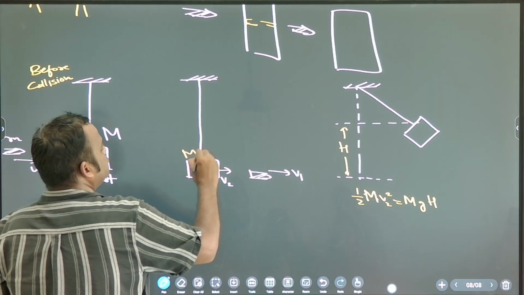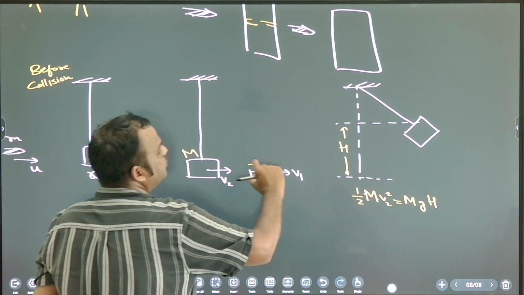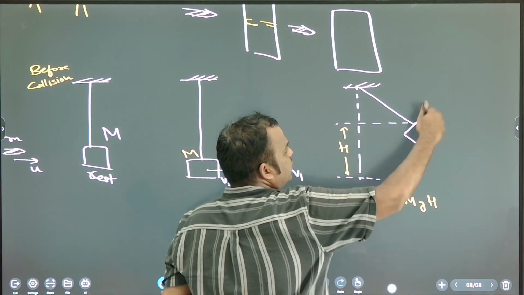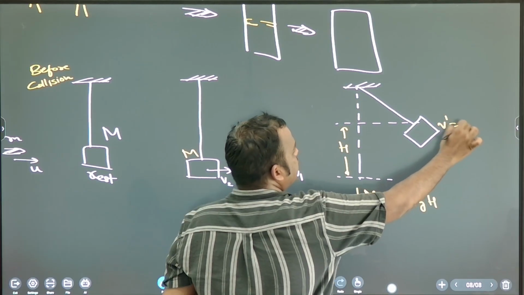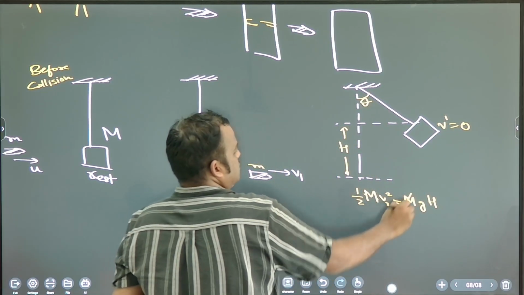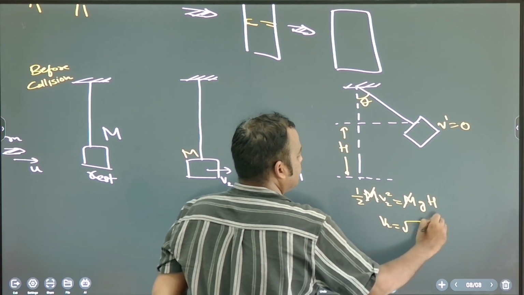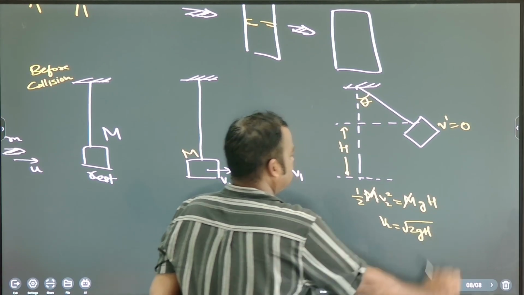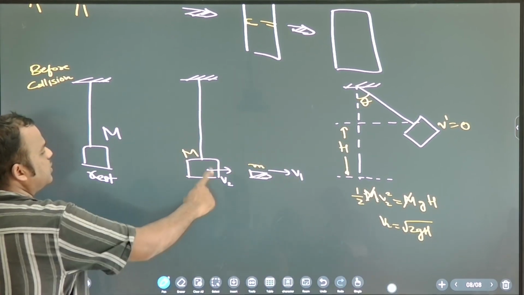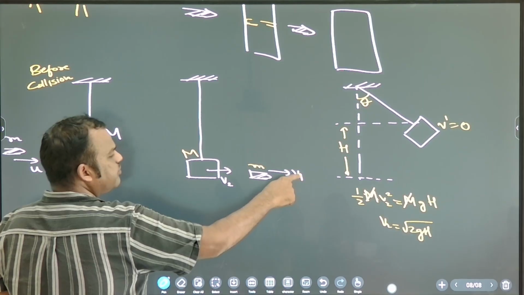The kinetic energy of the block gets converted into potential energy. What is the final velocity here? 0. Correct or not? So what is v2? Root 2gh. So the velocity of the block is root 2gh and the velocity of the bullet is v1.